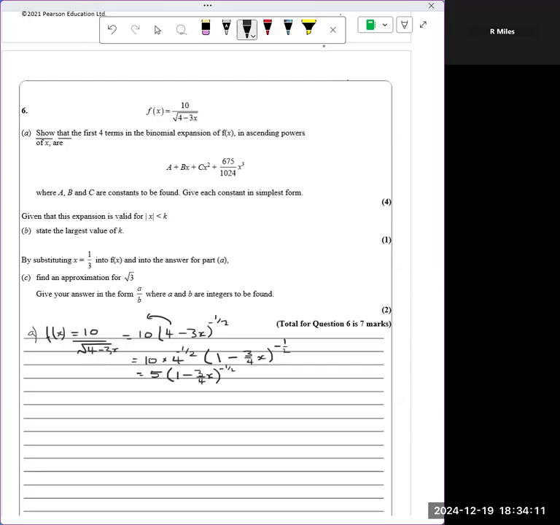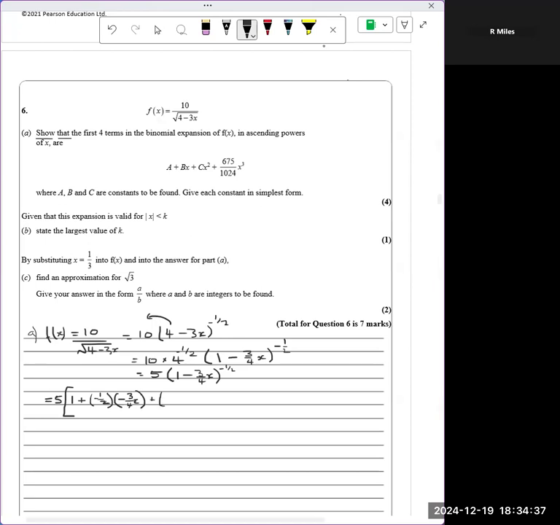I'm going to start over here to give myself some space. So I'm going to leave the 5 there because it does sometimes get forgotten. I'm going to keep it there in a big bracket, and let's go with the expansion. So the first term is 1 plus, and then the power comes down, minus a half, and negative 3 over 4 x. Don't forget the minus.